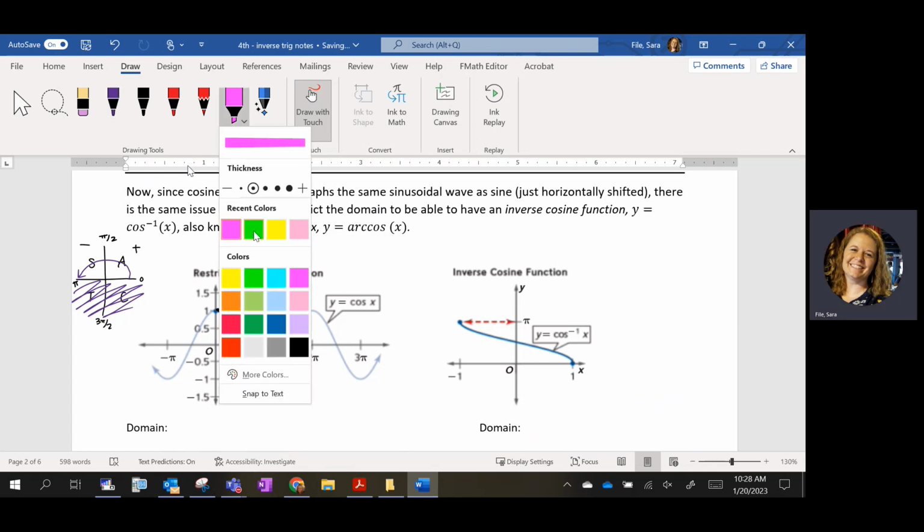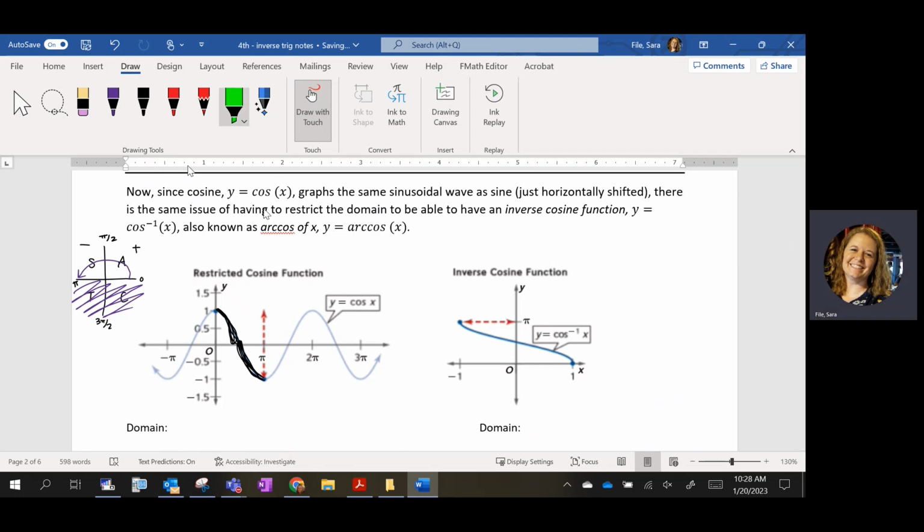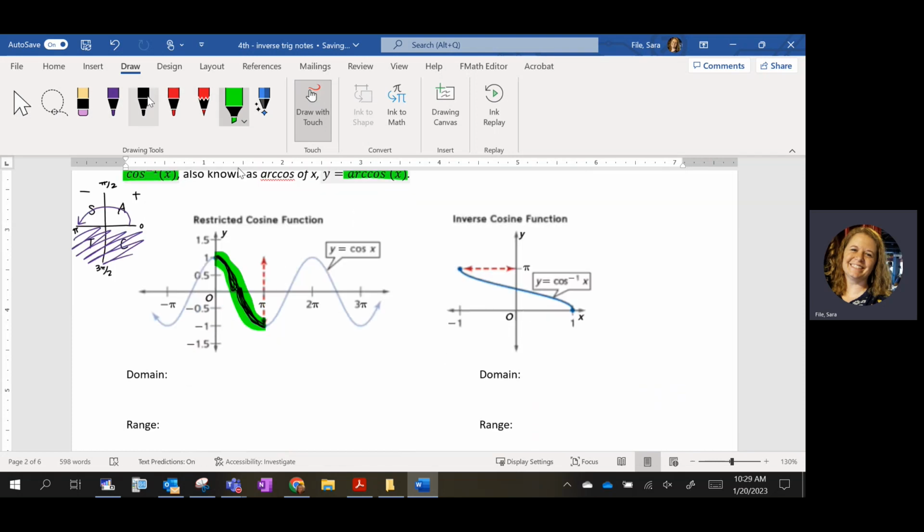Okay, so for inverse cosine, arc cosine, those mean the same thing. We're going to use these two quadrants, quadrants 1 and 2. This is what the restricted portion of the parent function looks like. So that is from 0 to pi. And we're including those because cosine exists at both 0 and pi.